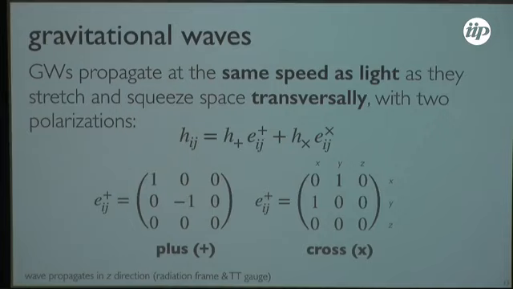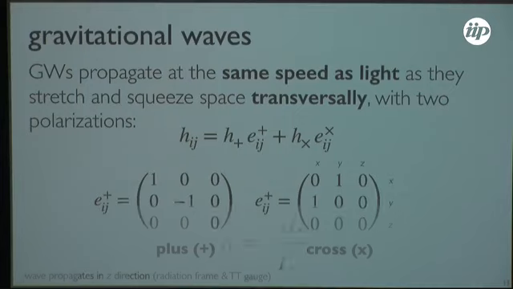Each column and each row represents x, y, and z. What this is saying is I'm going to stretch along one direction and squeeze along the other one. And cross is the same thing but 45 degrees apart.